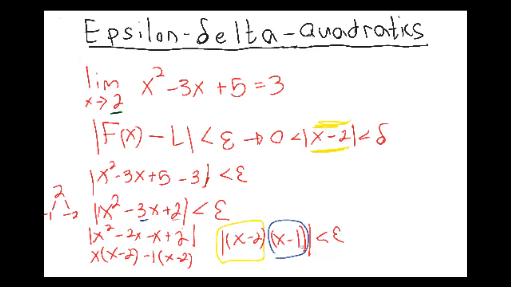You go off to the side, you start with your x minus c value. So this is the absolute value of x minus 2, which is less than delta, and you pick an arbitrary delta. Nine times out of 10, a delta of 1 will work. Plug in that 1, and then you solve and try to make up that x minus 1 expression that you want from what you have.